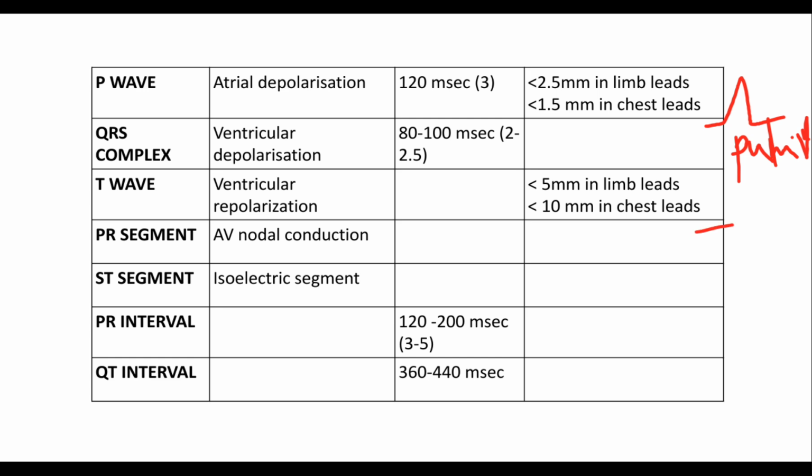And P mitral is a little bit wider P wave. Mitral means wider. M is similar to W, so you can see wider P wave is P mitral. Mitral means a left sided etiology, so it's a left atrial hypertrophy. So those are the abnormalities in P wave.